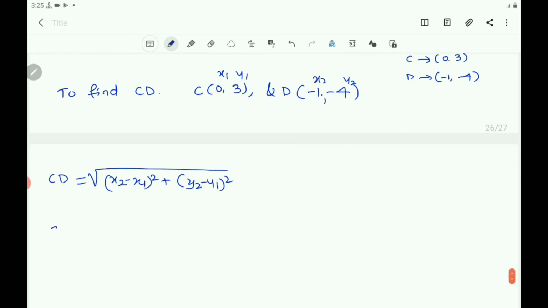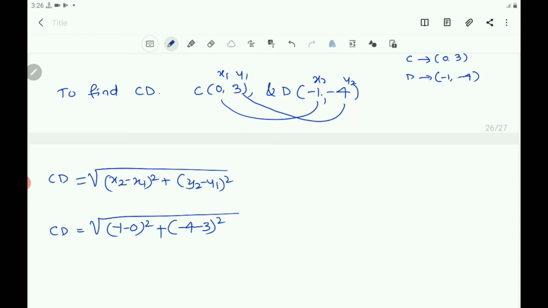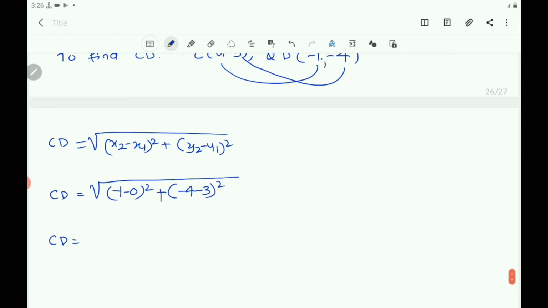Then you write CD equals square root of x2 is minus 1 minus 0 whole square plus minus 4 minus 3 whole square. So CD is equal to minus 1 whole square plus minus 4 minus 3 is minus 7 whole square, equals square root of 1 plus 49.